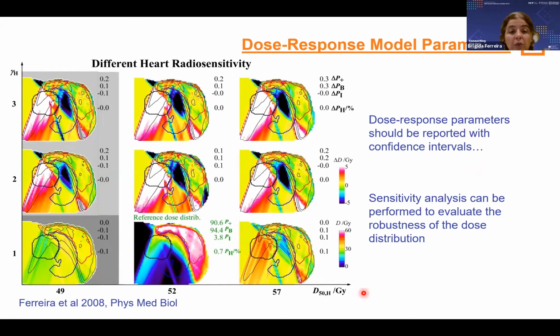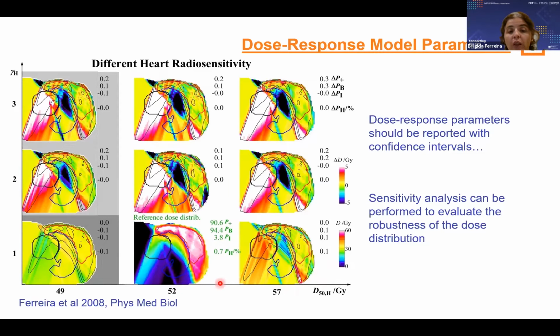And in this case, what I did is that I calculated the optimal dose distribution using my average patient, average in terms of radiosensitivity. And then I calculated the optimal dose distribution if my patient had different D50 values and different gamma values.